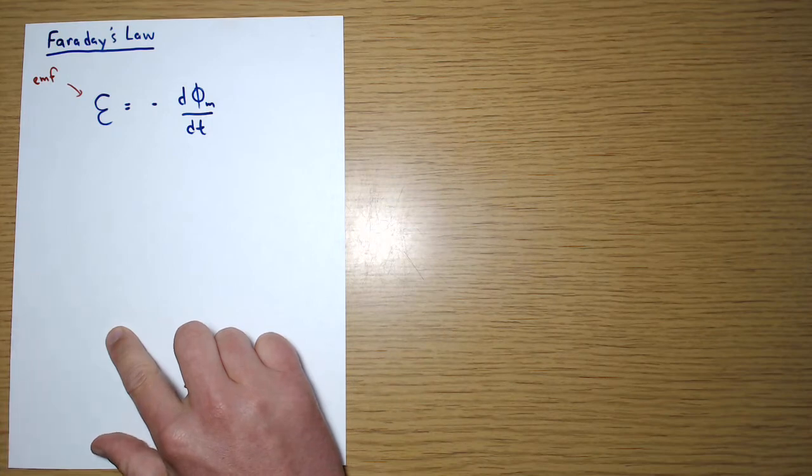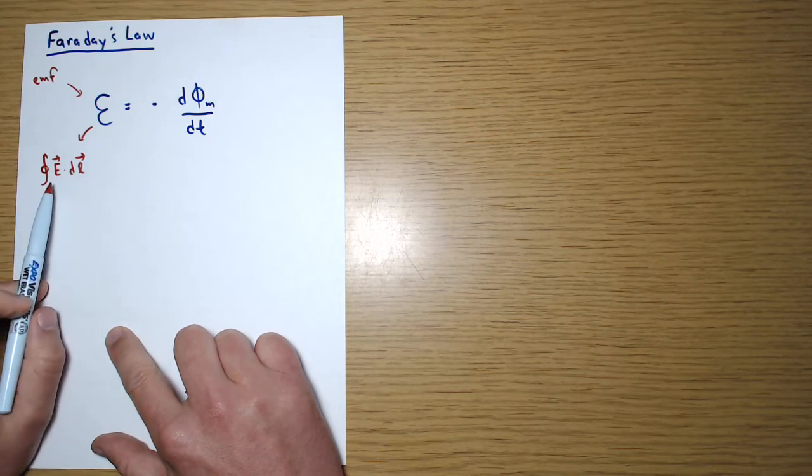So EMF, mathematically, we can write it as the integral of E dot dl. That mathematically is the change in voltage, but it's a little bit different than ordinary voltage, which is caused by a chemical potential. This one is caused by a changing magnetic flux.